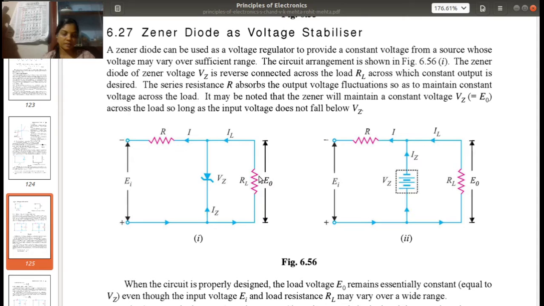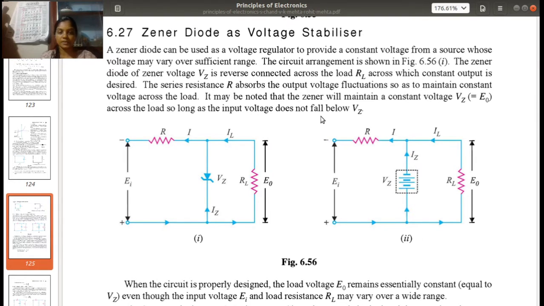So what does voltage stabilizer mean? There may be voltage sources which show variations in their voltage outputs. This type of circuit arrangement, or the particular characteristics of the Zener diode, can be utilized in order to stabilize this variation of the voltage sources, and we can produce a constant voltage at the output.